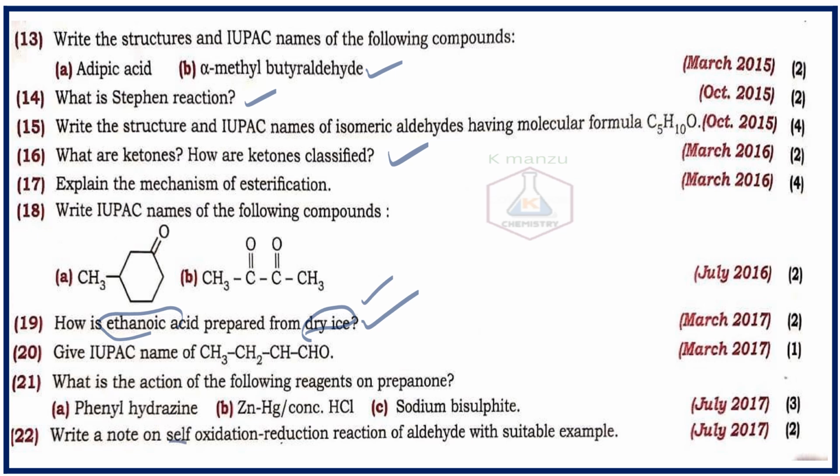Then Cannizzaro reaction, how to prepare it. Or you have to write a chemical reaction, where propanone is given, acetone. On that acetone, how will these different reagents behave? Then mechanism of esterification, again an important question.